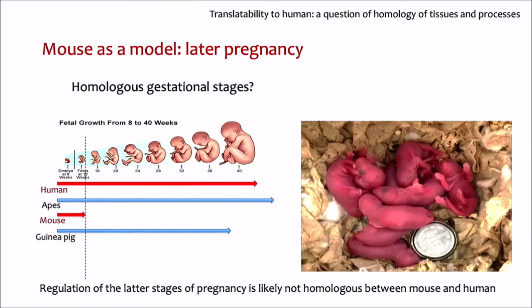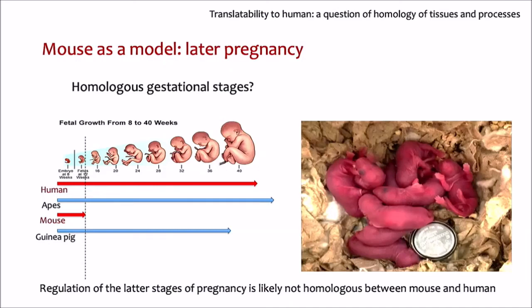But if you look at human development during this long 9 months pregnancy, you notice that it actually develops very strongly. And if you look at the mouse development, this is at birth. One could compare it to a very early stage of the human pregnancy.